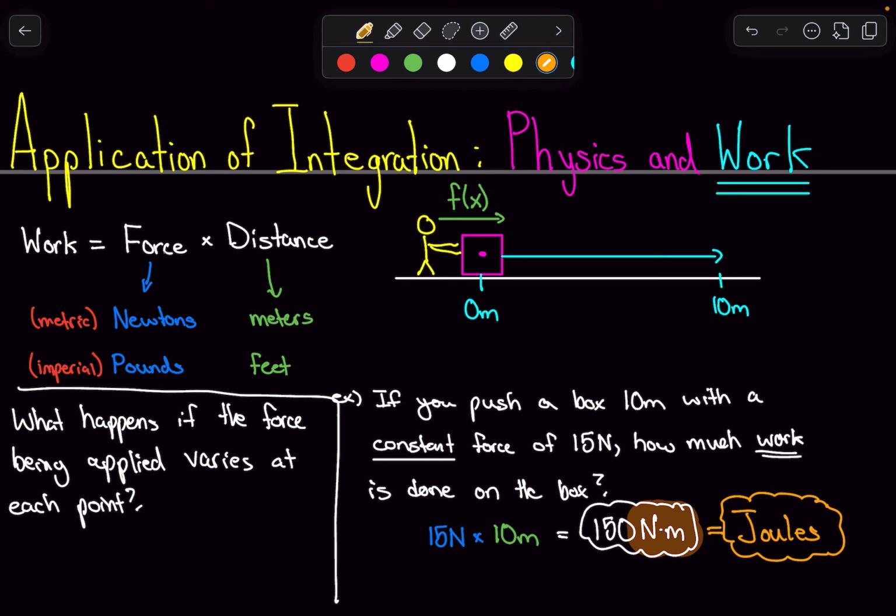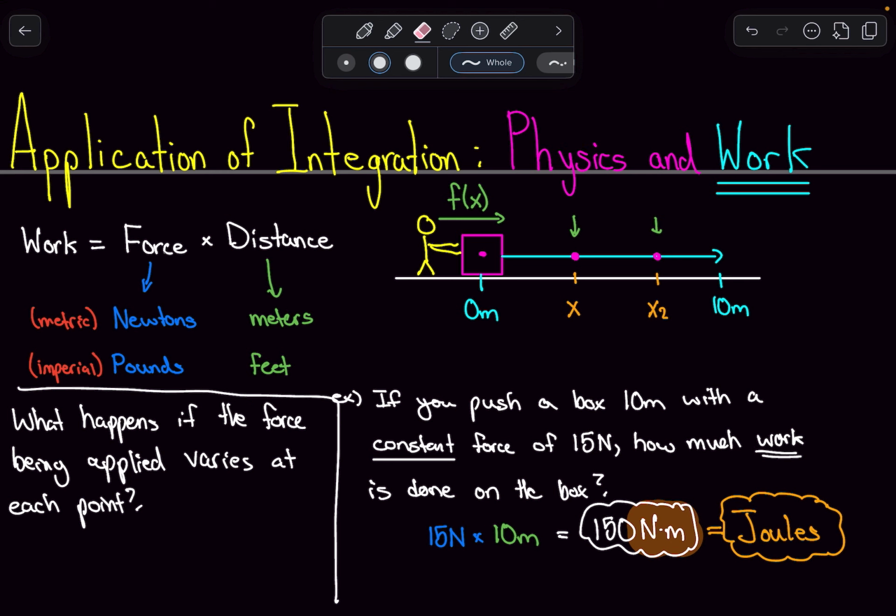And the idea is that let's say that I'm at this particular x right here, so my box is right there, then the amount of force that I'm going to be applying right at this instant is going to be very different than the amount of force I'm going to apply, say, maybe over here at some second x value. These two amounts of force are going to be different. So the energy that I'm going to be required to move this box is going to be different at each of those instances.